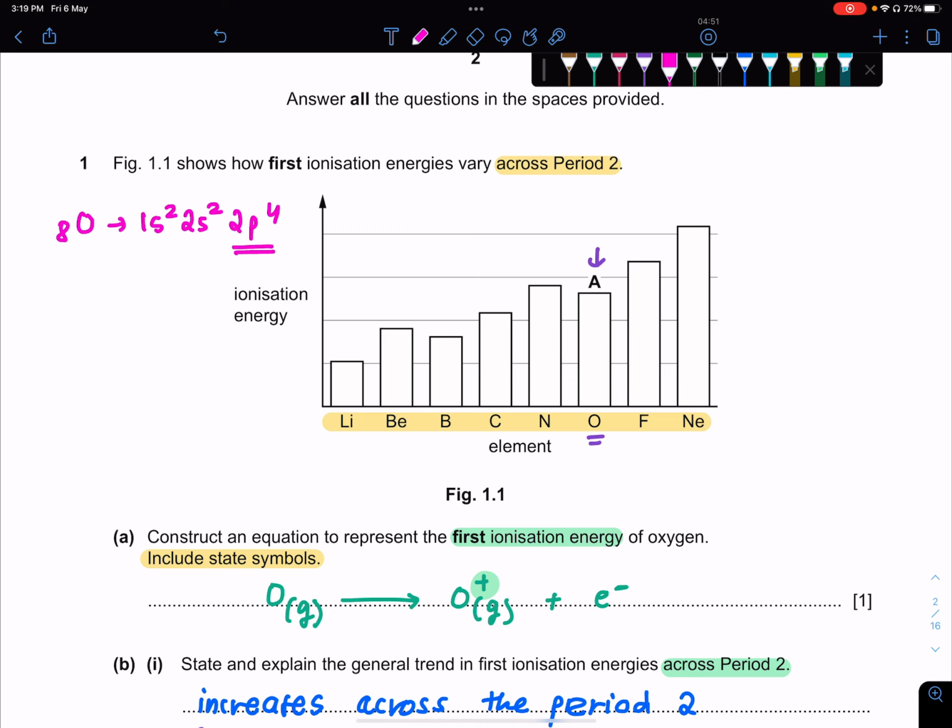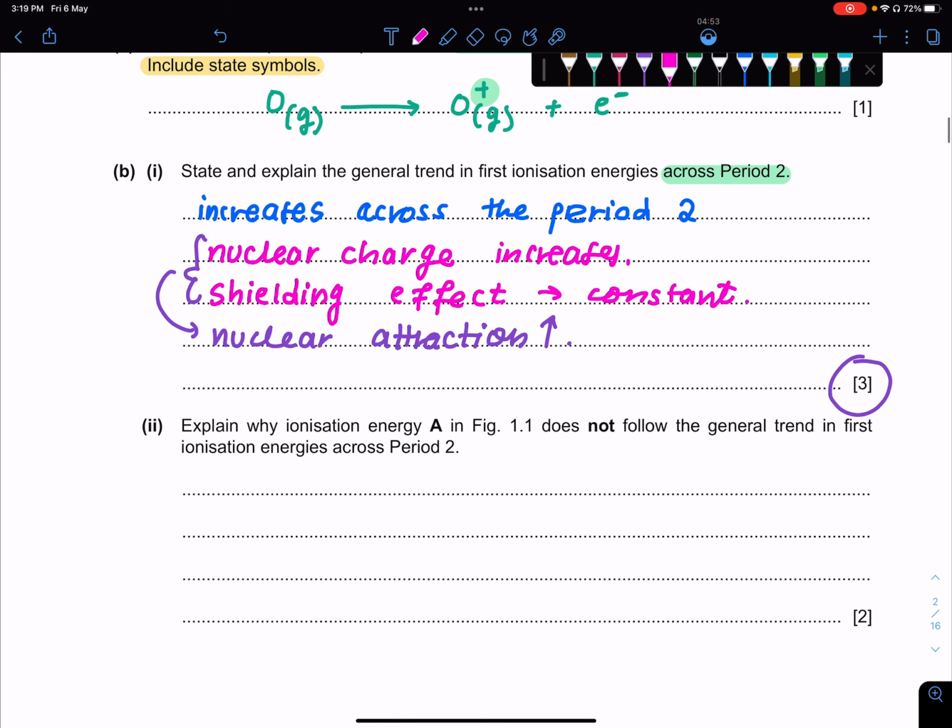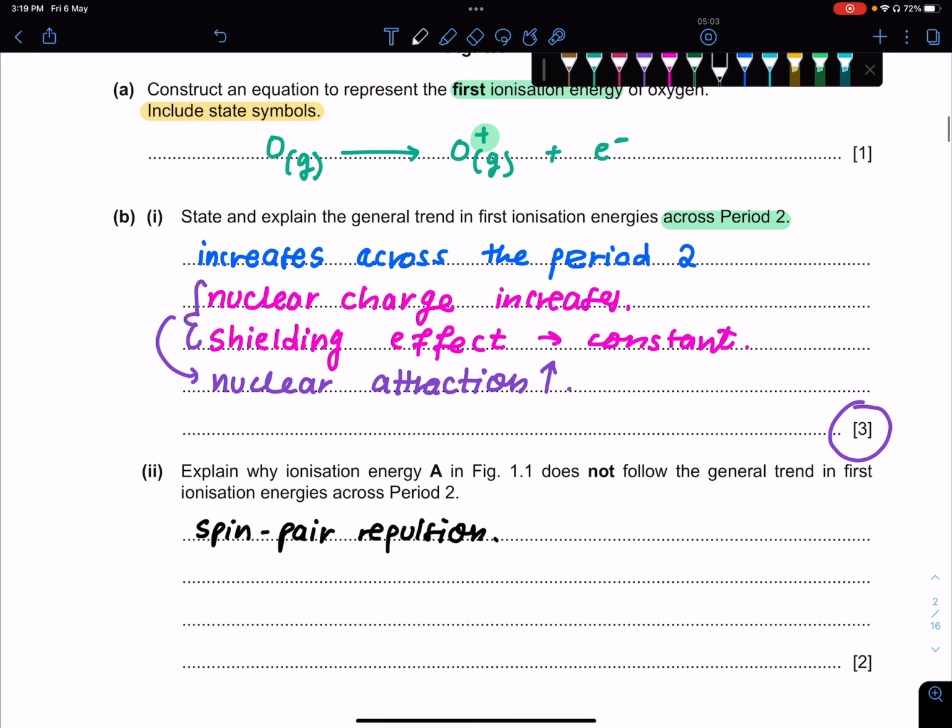So we have to write that it is due to spin pair repulsion of the electrons. What is spin pair repulsion? Electrons in the same orbital repel each other more than electrons in different orbitals.